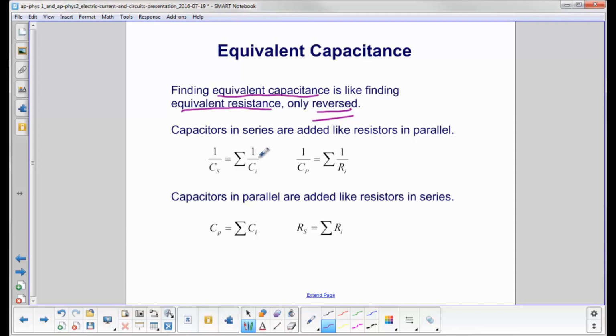What do you have to do? You have to flip that. You're finding 1 over C sub S. You want C sub S. So do the work over here and then flip the answer so you can get the capacitance in series. Capacitors in parallel are added like resistors in series.